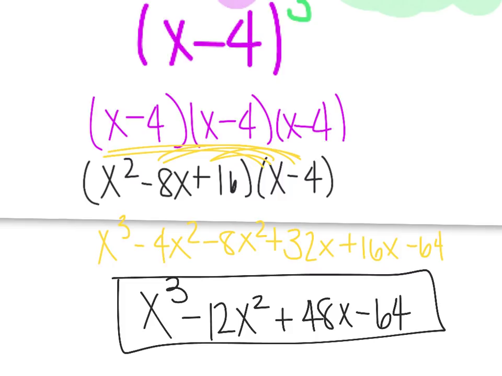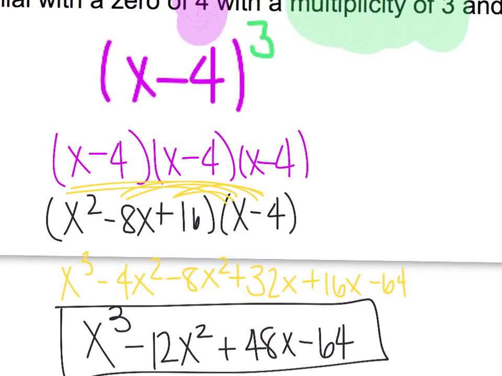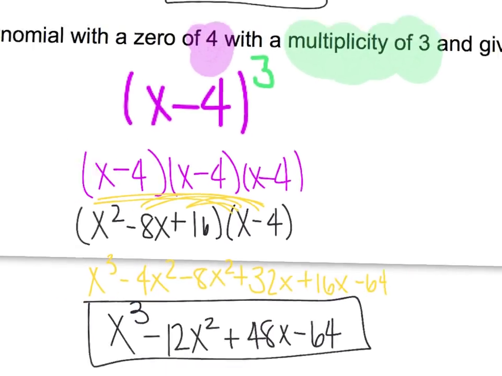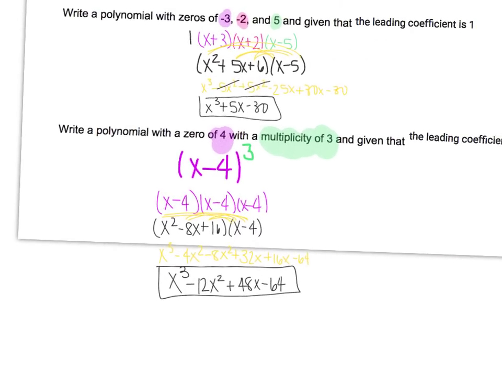And that would be the answer to this particular question of a polynomial with a 0 of 4 and a multiplicity of 3.